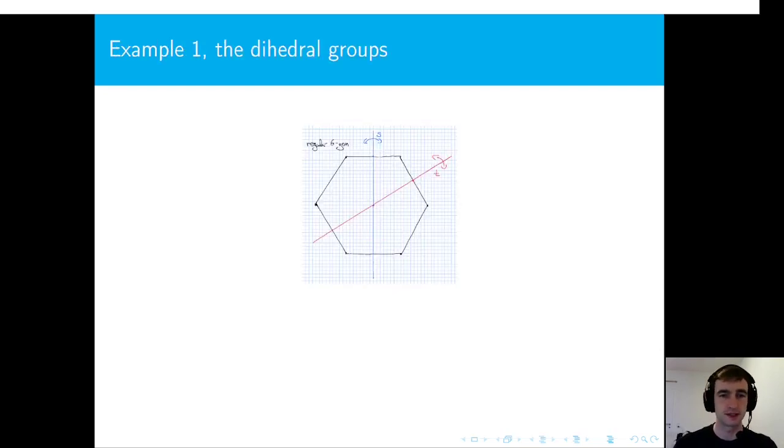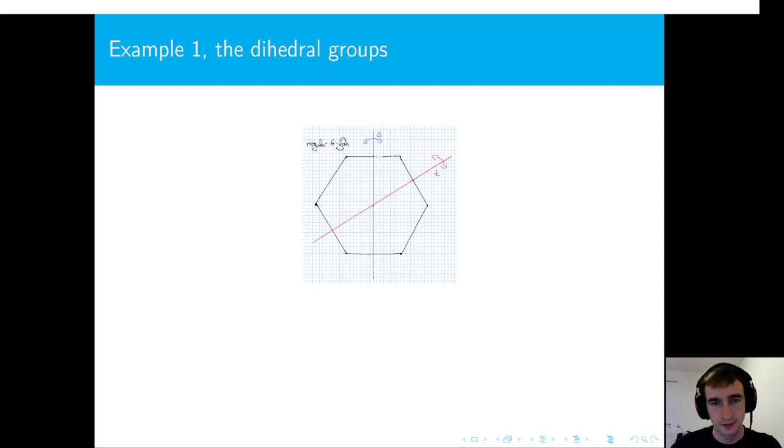Okay, so first example. I want to tell you that you have definitely seen Coxeter groups, even though you haven't called them Coxeter groups. So the dihedral groups are the first examples, and if you remember from your group theory courses, the dihedral groups are the symmetry groups of regular 2n-gons.